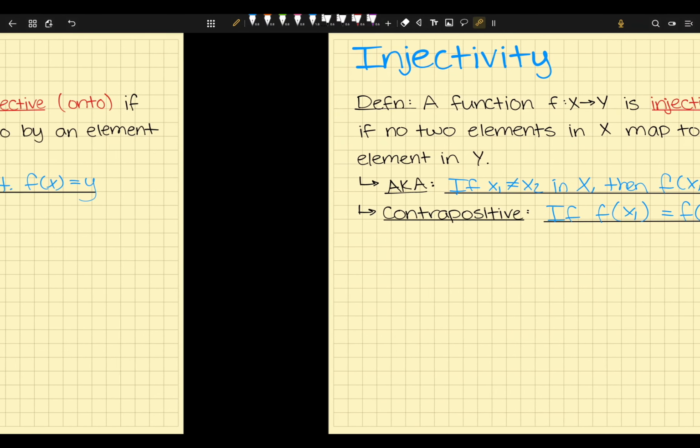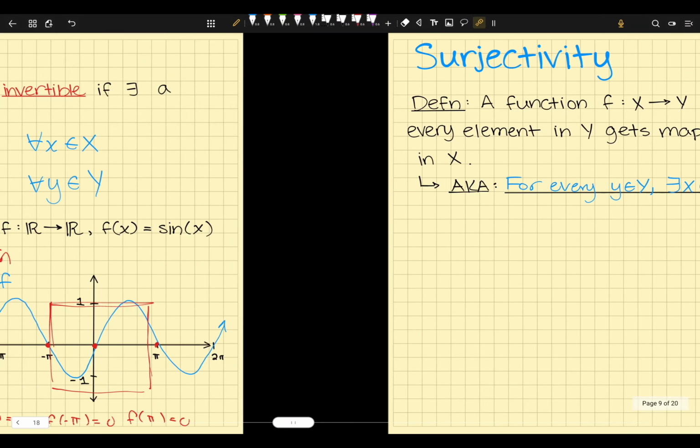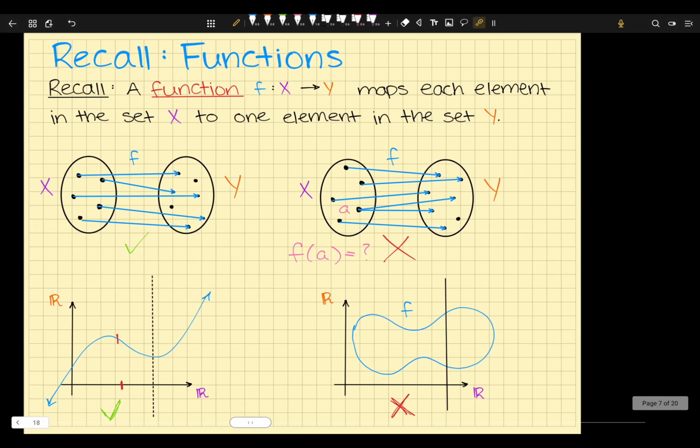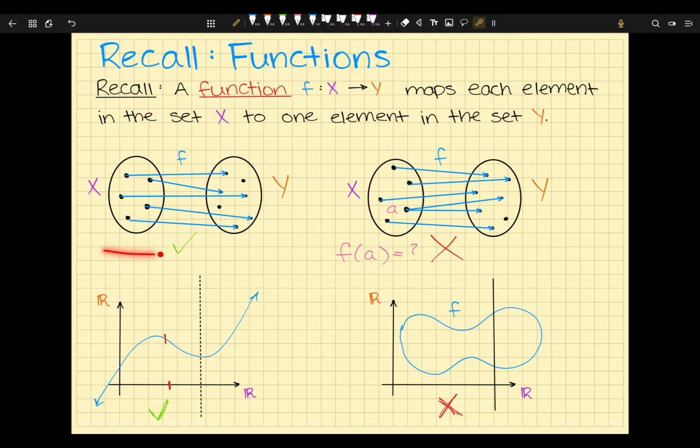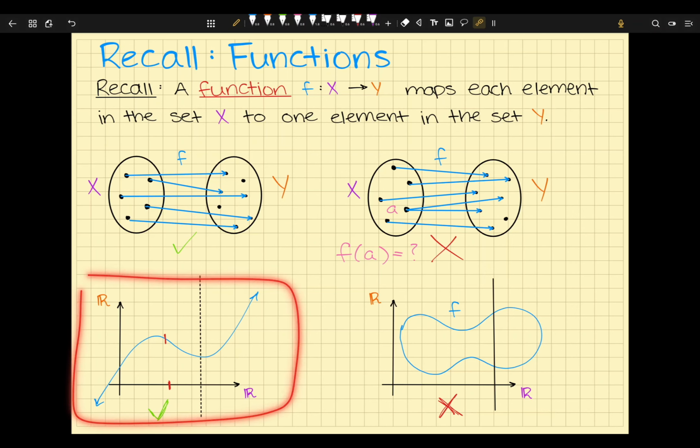All right, let's look at some examples of injectivity. Okay, so this function is injective because no two dots in x map to the same thing in y. Everything gets mapped to its own thing. And this function down here in the bottom left is not injective.